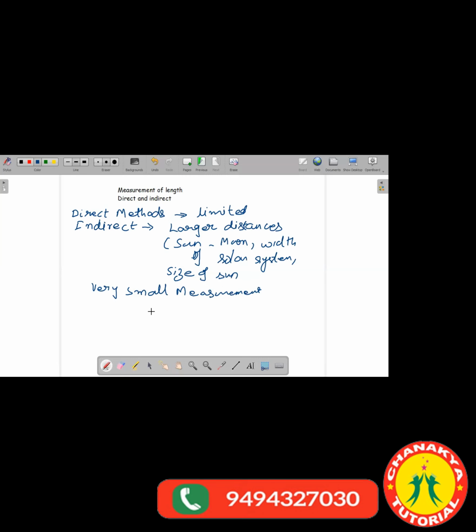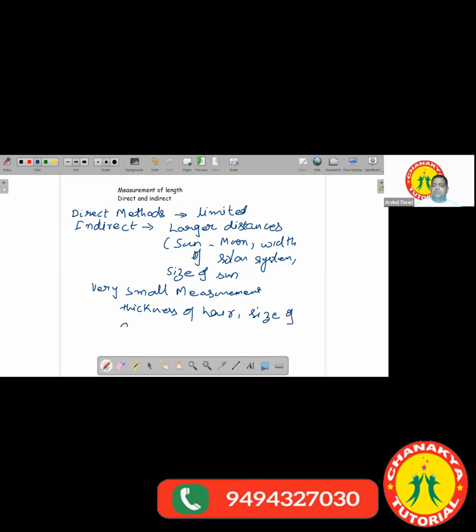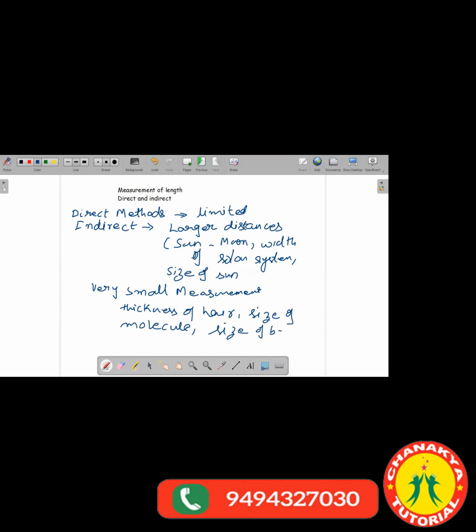So there also, for example, the thickness of hair, the size of a molecule, the size of a bacteria, they cannot be measured directly. They require indirect approaches of measurement.